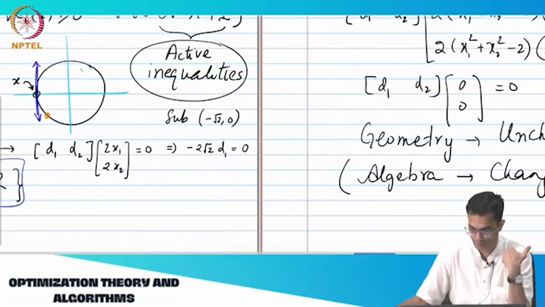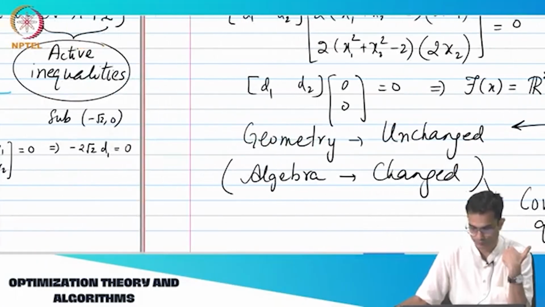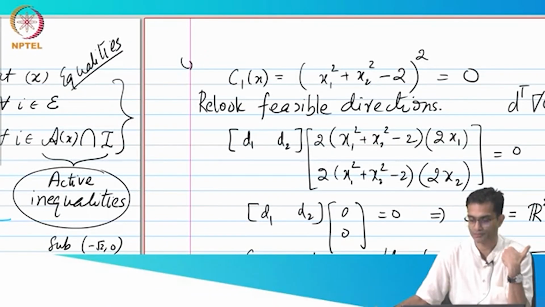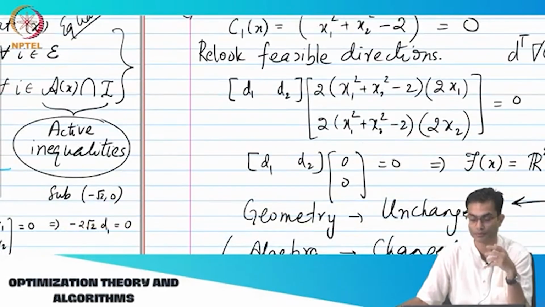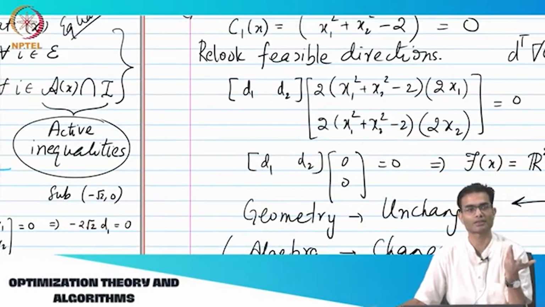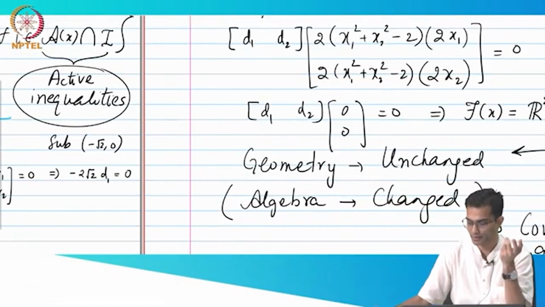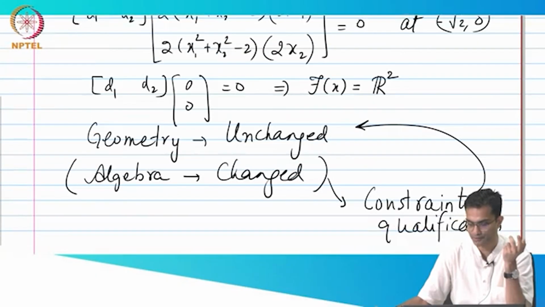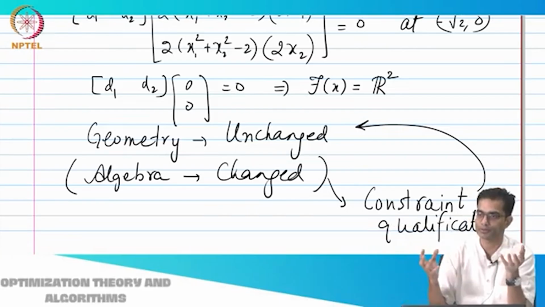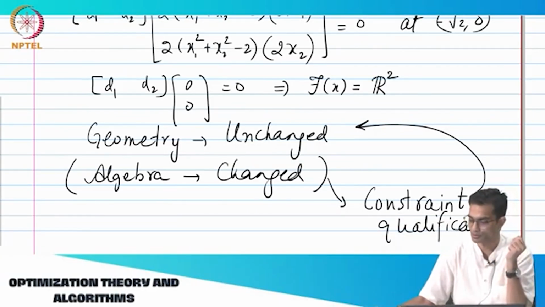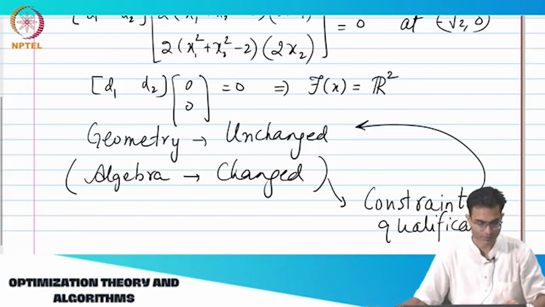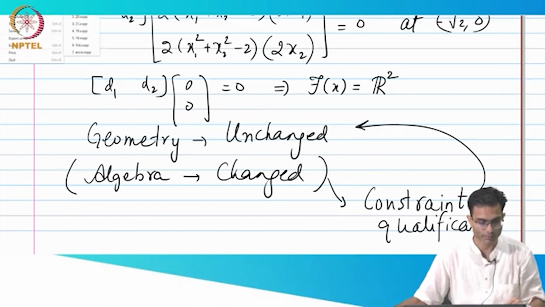For example, the constraint was specified as a square of something, and when I calculated the feasible directions, I landed in trouble. I found that any direction was feasible, whereas actually that's not the case. So we ended the previous section by saying that we need something extra to bring algebra and geometry into sync, and that something extra is called constraint qualification. Now let's go a little deeper into it.